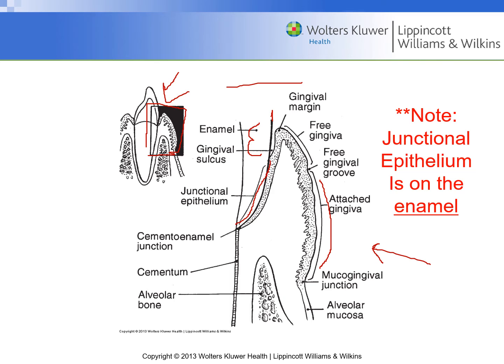It does not move, and it makes the base of your pocket. And it's called the JE, the junctional epithelium. Then it connects down here to cementum, and you have your alveolar bone in here, and your mucogingival junction we'll talk about shortly.